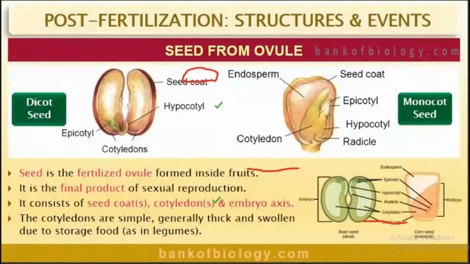Next is about seed from ovule. We have studied that after fertilization, the ovule gives rise to seed. What are the different parts we can see inside the seed? It consists of seed coat, cotyledons, and embryonal axis. These are the three important parts of a seed, either monocot or dicot.